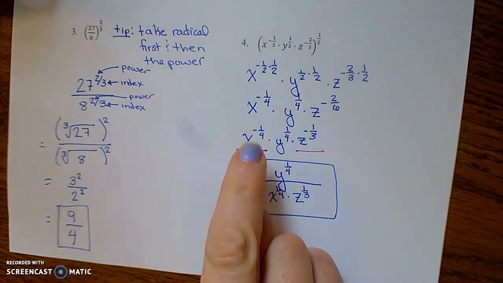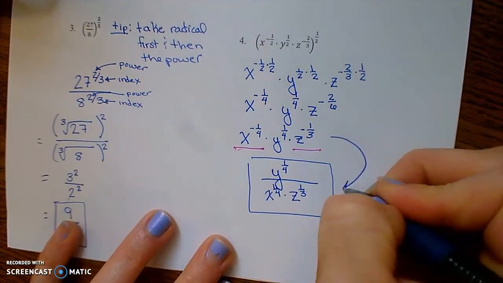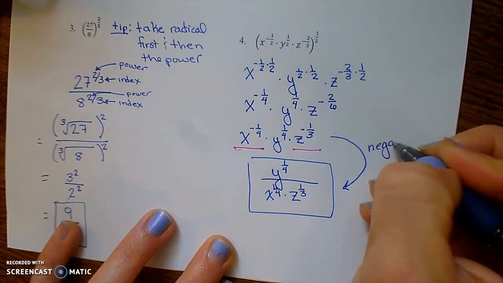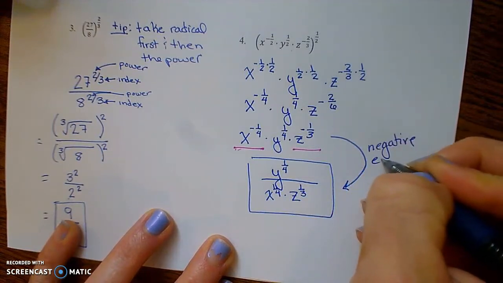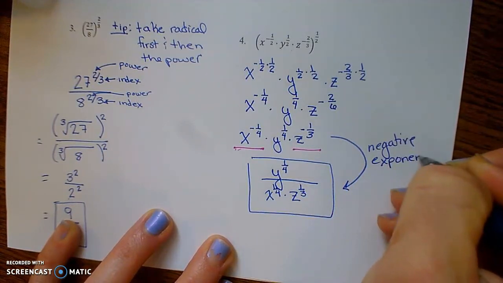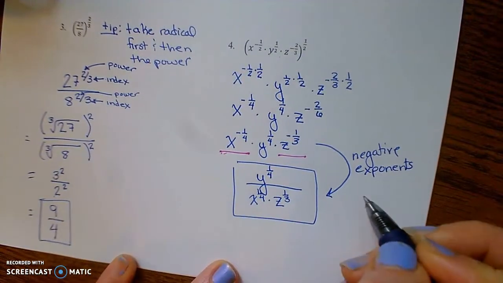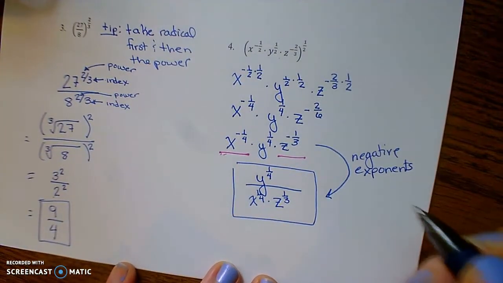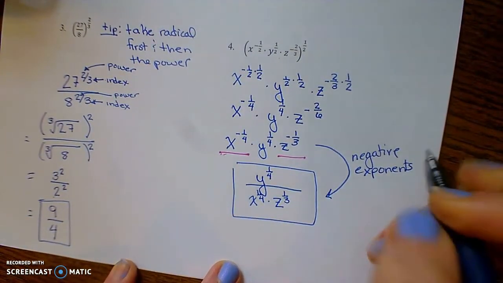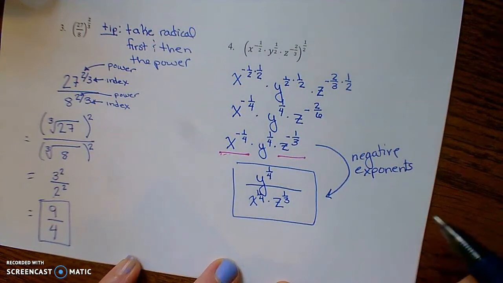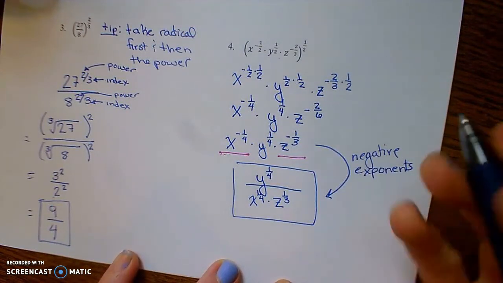So again, negative exponents tell you to take the reciprocal or flip the base or put those factors in the denominator.